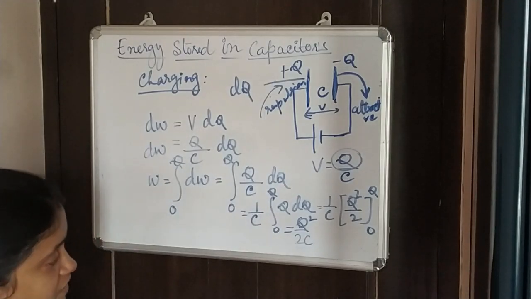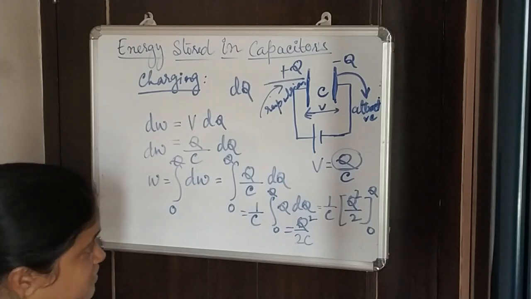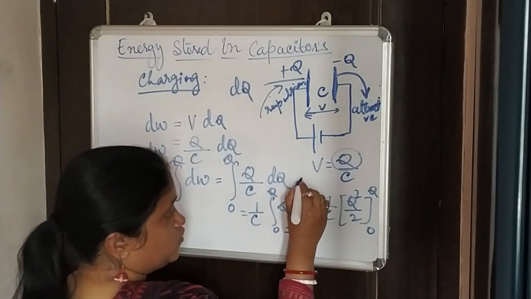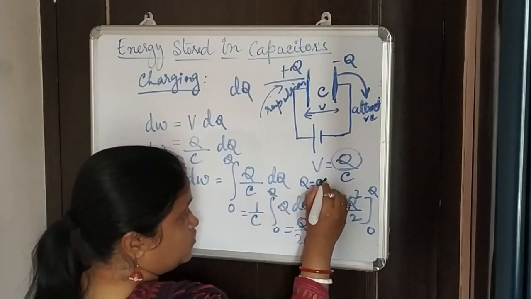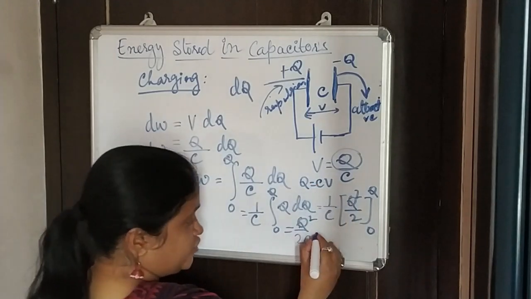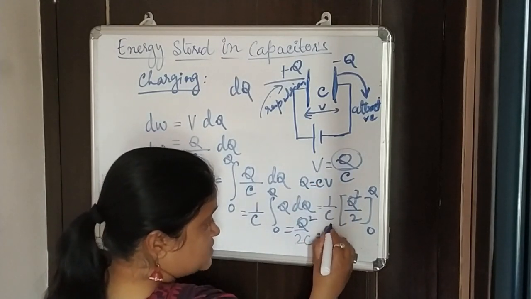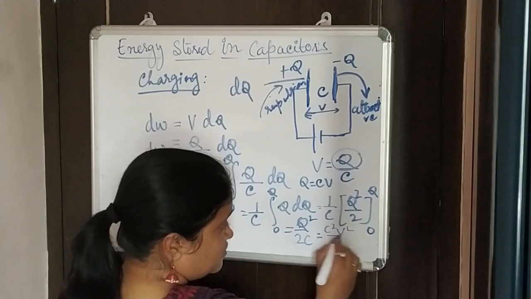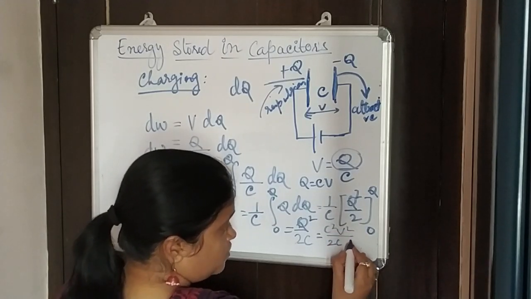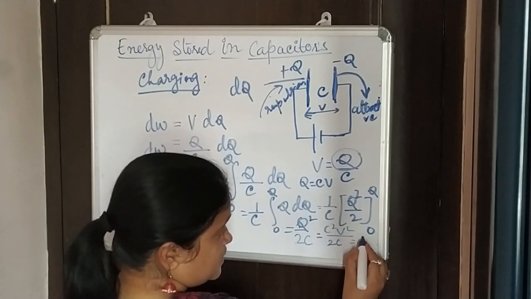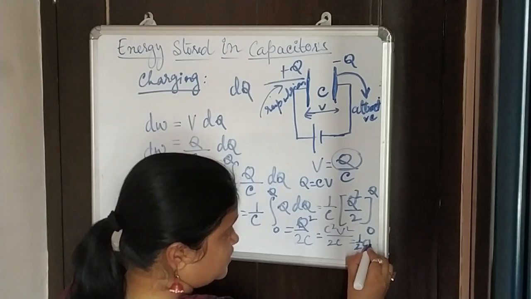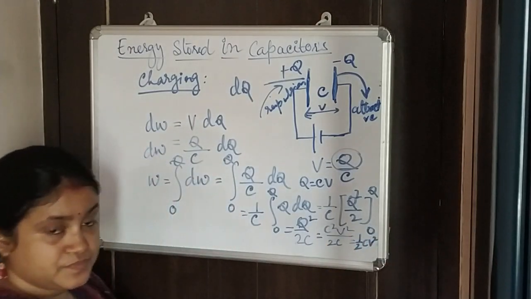Now in another way, we know Q equals C into V. So we can substitute this as C square V square by 2C, which equals half C into V square, right?